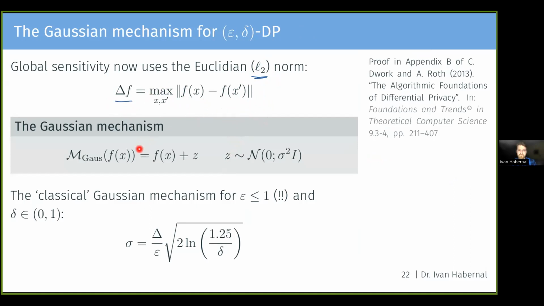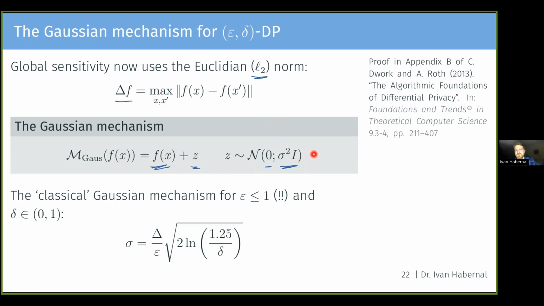And now the Gaussian mechanism works as any other mechanism. So we have the original query, and then we're adding some noise. The only difference now is that the noise is not drawn from a Laplace distribution, but from a Gaussian distribution. And the Gaussian distribution is, again, zero-centered, and then it's parameterized by basically the scale, sigma squared here.